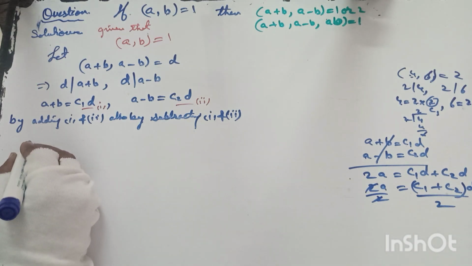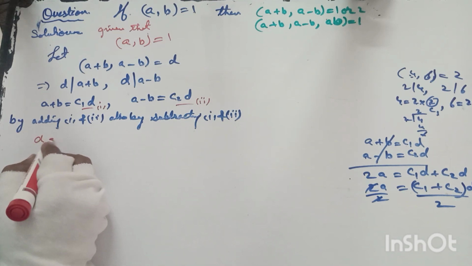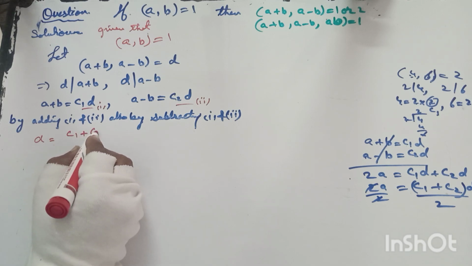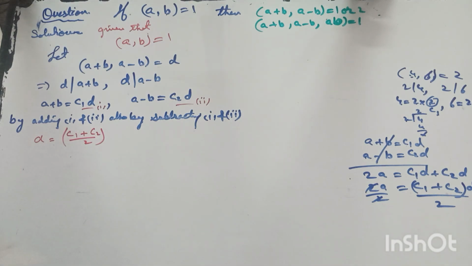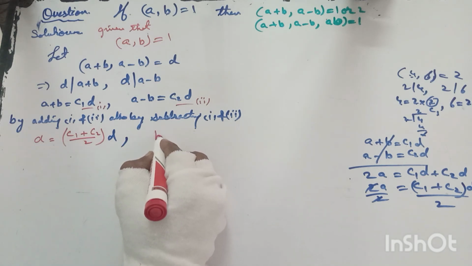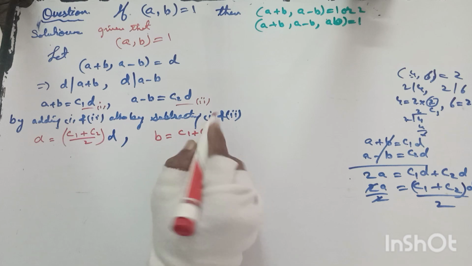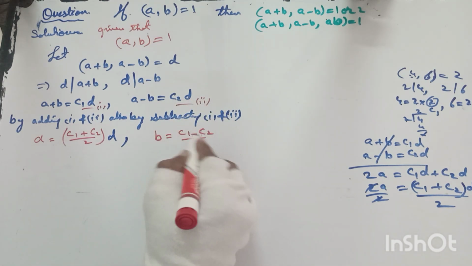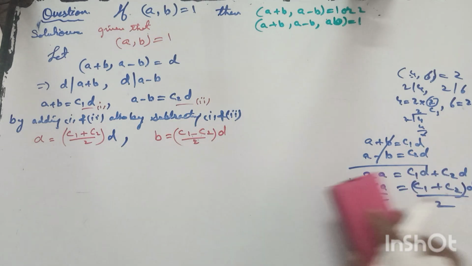Therefore, A is equal to (C1 plus C2) over 2 into D, and B is equal to (C1 minus C2) over 2 into D. How does this come? By subtracting.